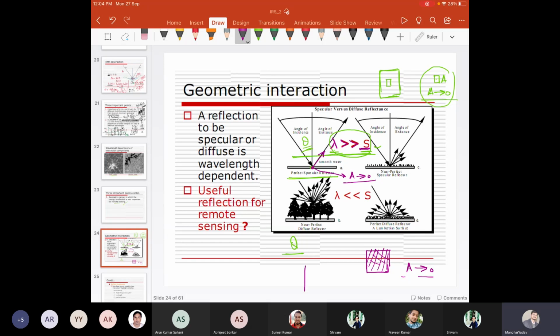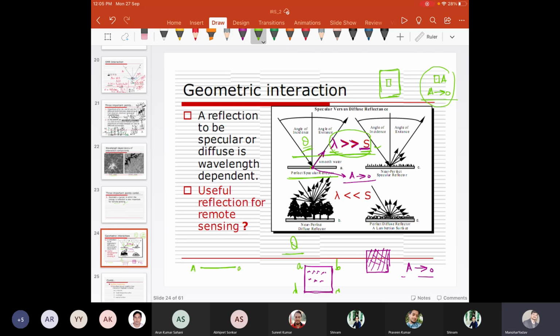And if we consider soil, you can see that we have differences in height. A, B, C, D are the four vertices of this area A. This is the side view I'm talking about.